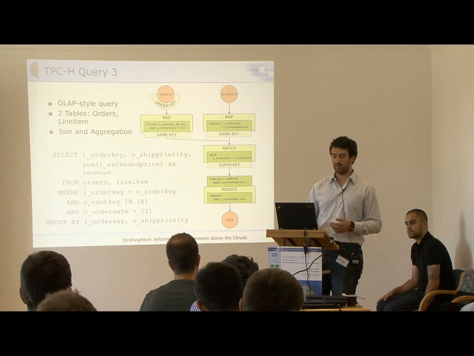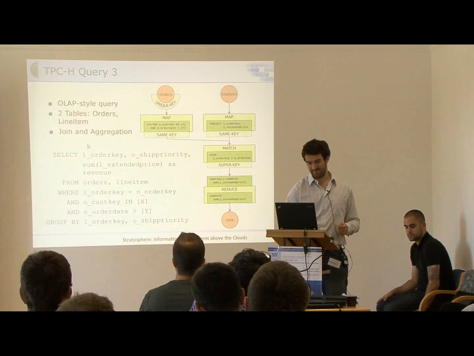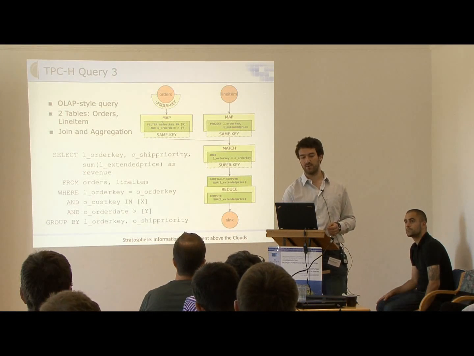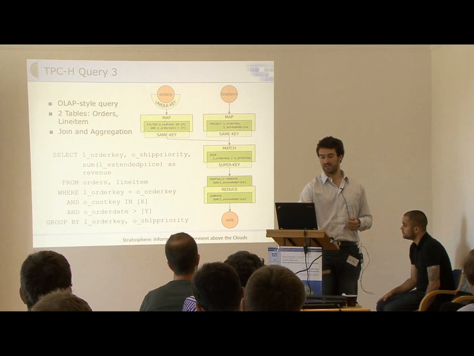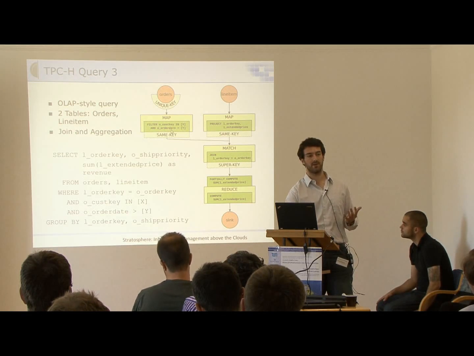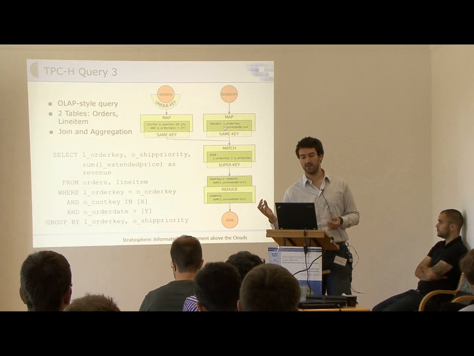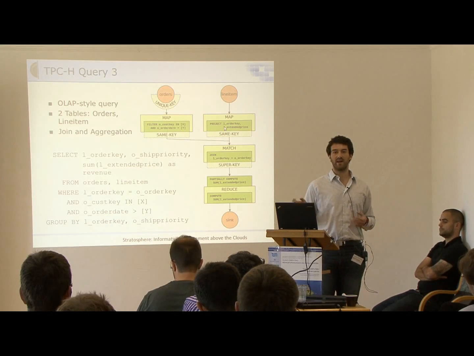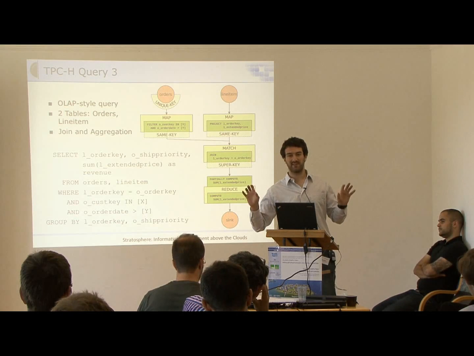So then we have those two map contracts where we say, okay, we filter the map side on the one hand, and we project the line item on the other side. So we have those map phases separated.